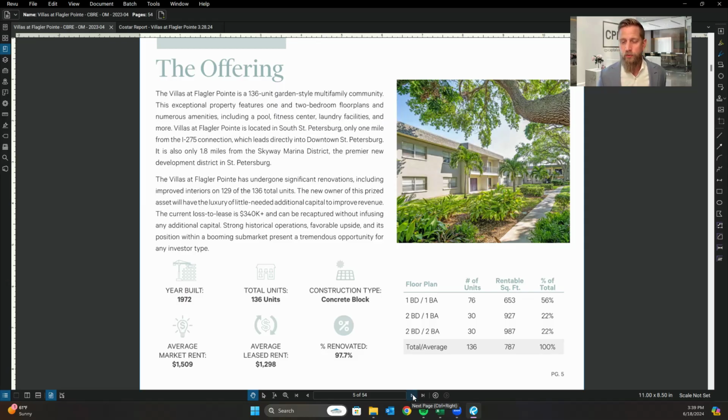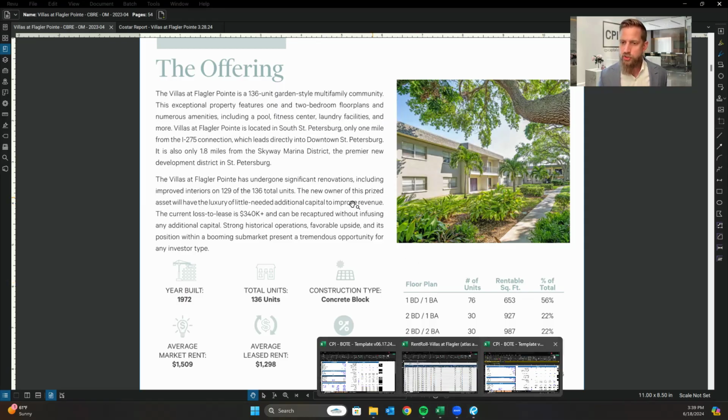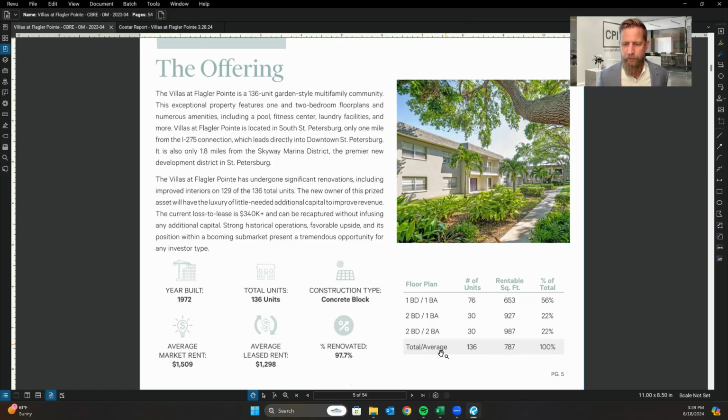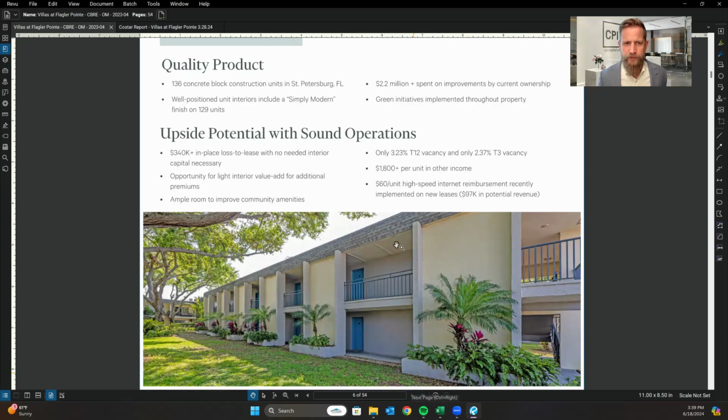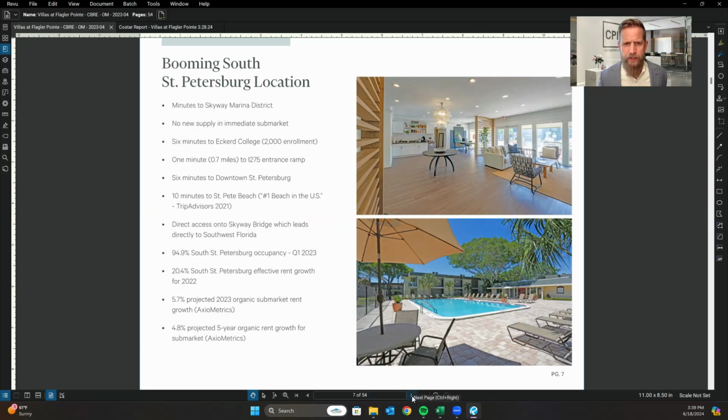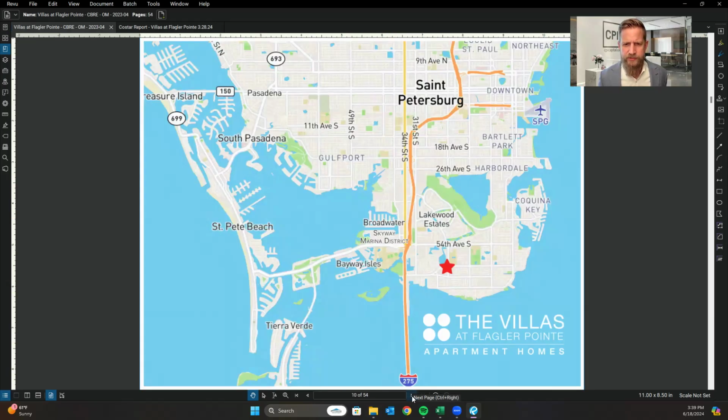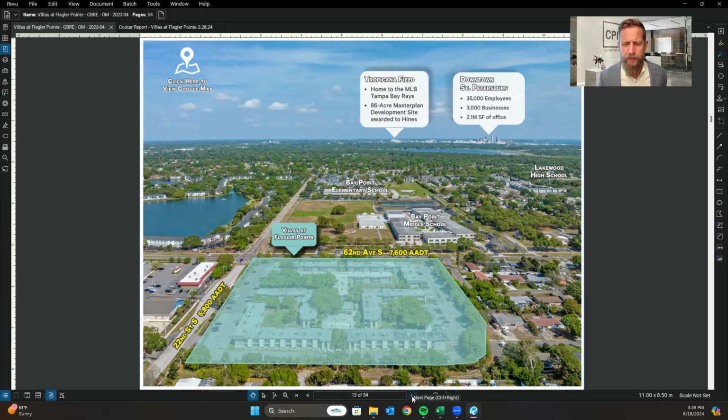And the information that you need on this inputs tab should be included in the offering memorandum, if the broker did a good job. So, for example, what the upside is for operations, other income. How much are you expected to get from other income? Let's see, what else do they say within here, where it's located.